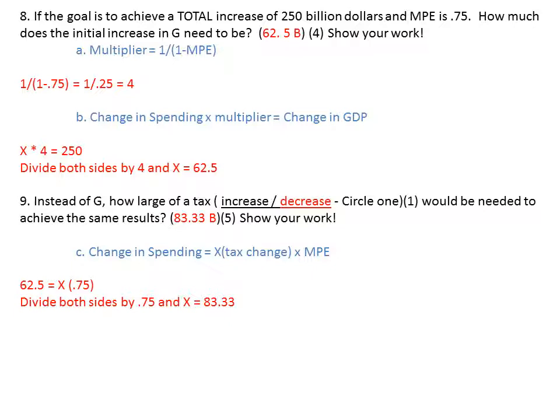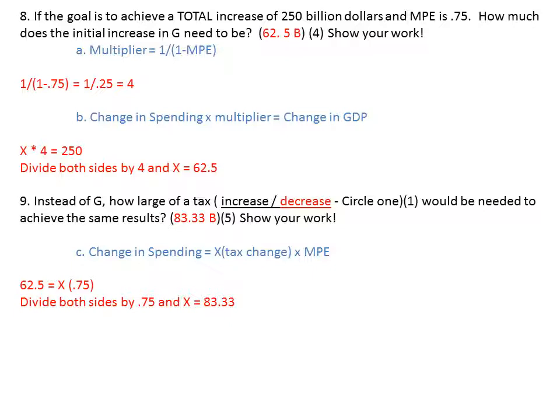We have the first formula, A, so all of our needed formulas, the three formulas, are there in blue. A is the multiplier, 1 over 1 minus MPE, and our MPE is 0.75, so we see 1 over 1 minus 0.75, which is 1 over 0.25, and 0.25 goes 4 times into 1, therefore our multiplier is 4.